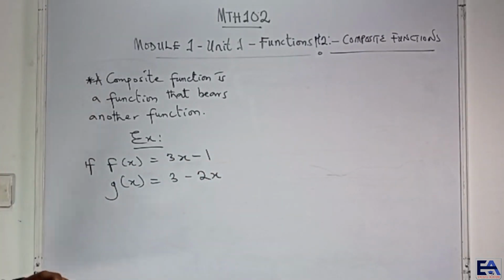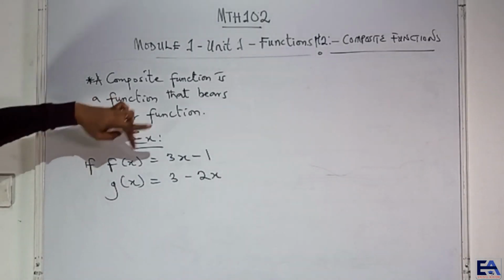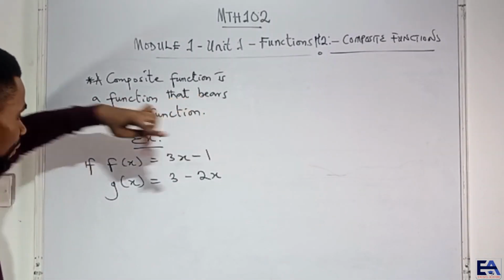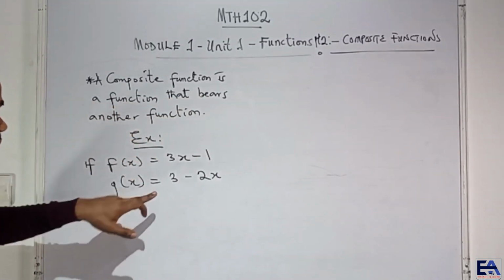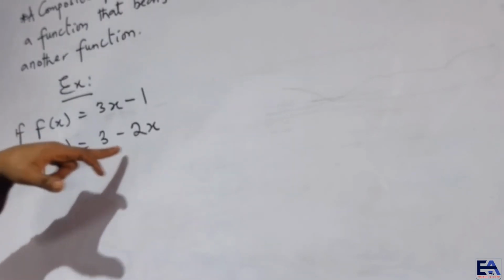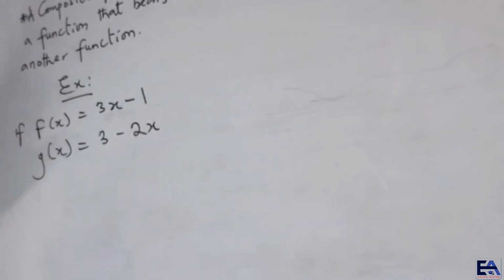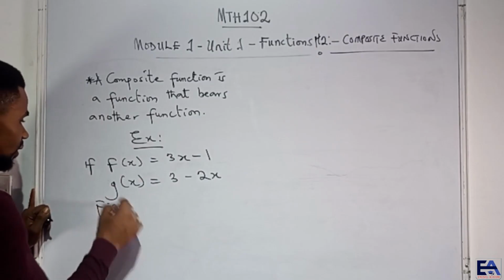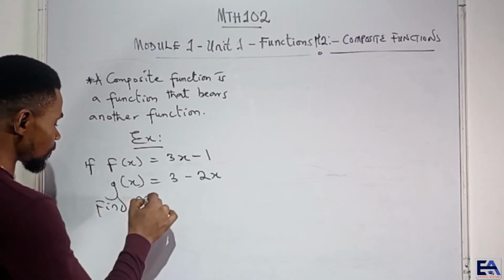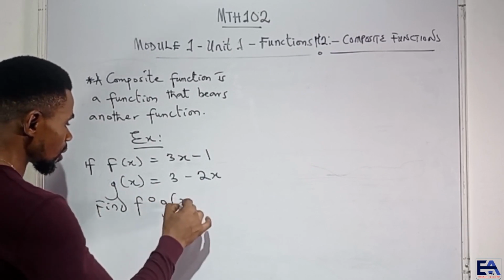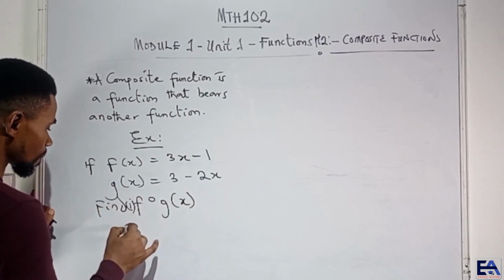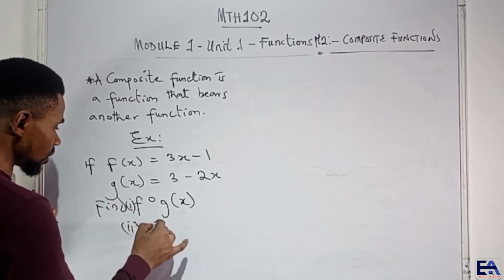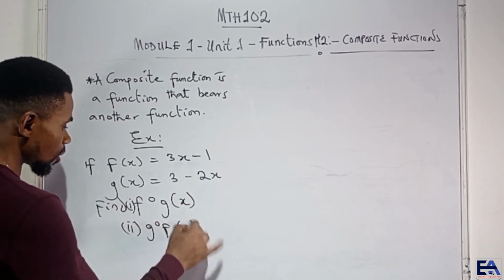A particular function of x is equal to 3x minus 1. Another function of x is equal to 3 minus 2x. Now, the question says, 1, find f circle g of x. Number 2, find g circle f of x.